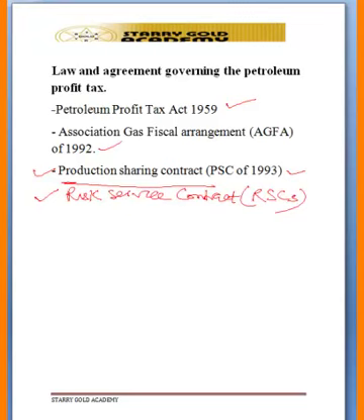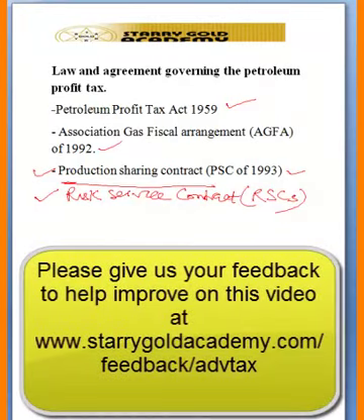Here it is the NNPC that has the right to market the oil produced. And how is the contractor remunerated? He is reimbursed only from funds derived from the sale of oil produced.